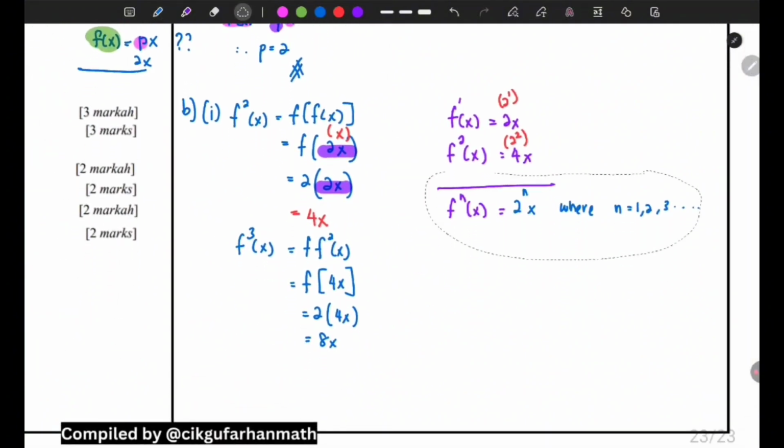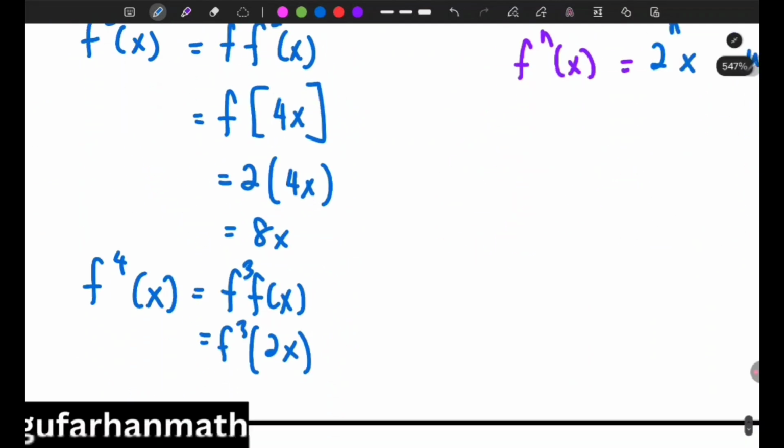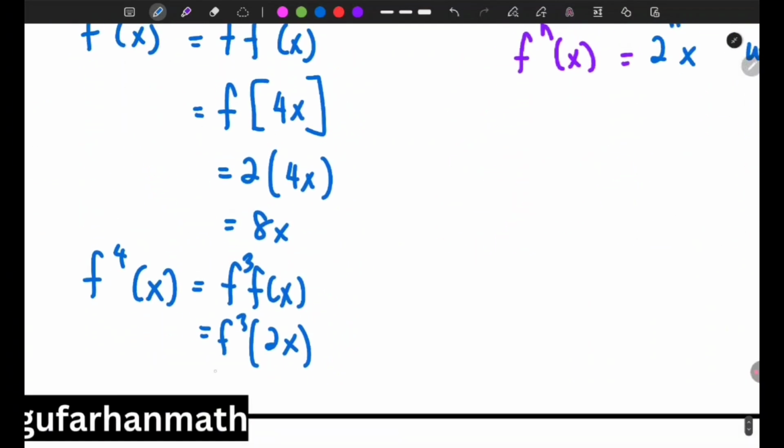You can see way better. f to the power 4 x, let's do f cube then f(x), right? What's your f(x)? 2x. What's your f cube? Which is 8x. So I'm getting 16x here, 8 times 2.